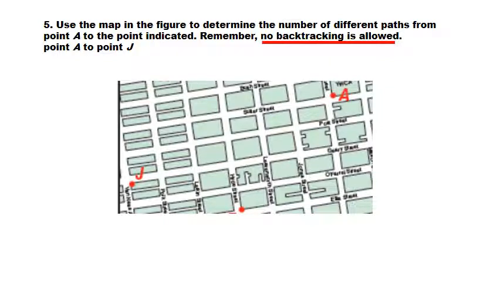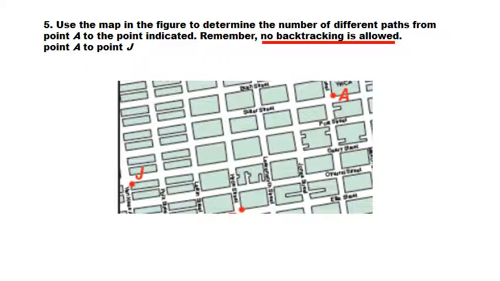The best way that I can explain backtracking to you is to take a look at this point J and see its relationship to point A. Now, J is over to the left and down below A. So those are the two main directions that you want to remember.